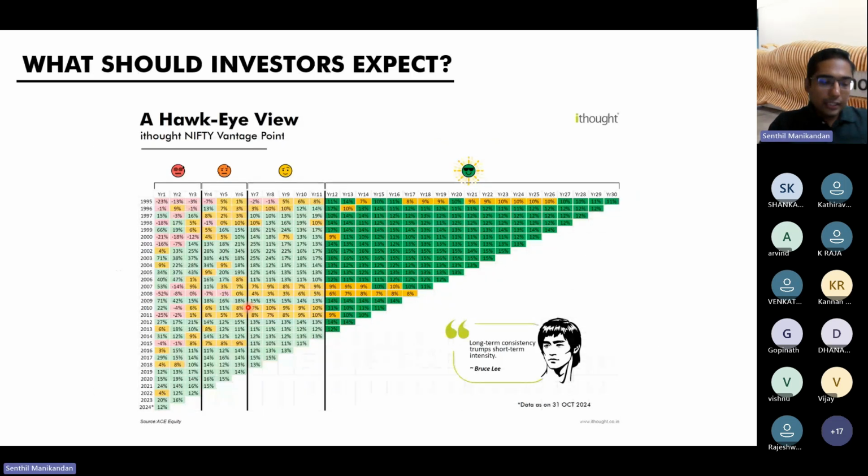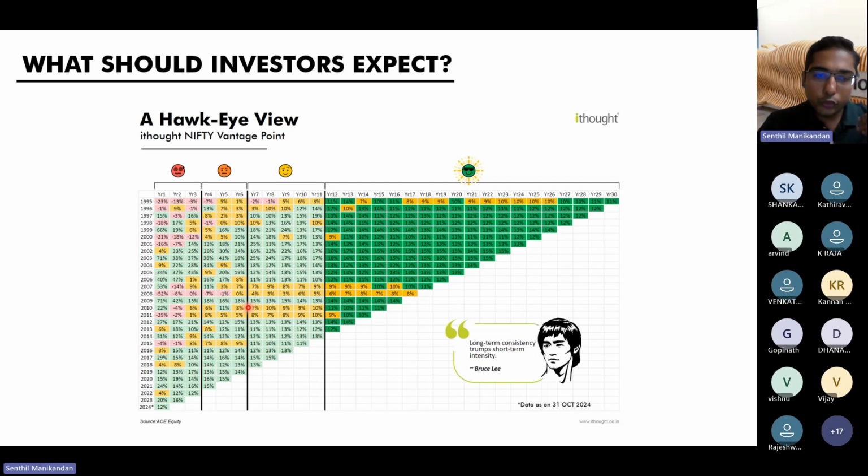With this broad construct, what should an investor expect from the current market? This is one chart which we track across the house. We call it the Nifty vantage point. It gives us a view of Nifty returns at various points at which an investor has entered.